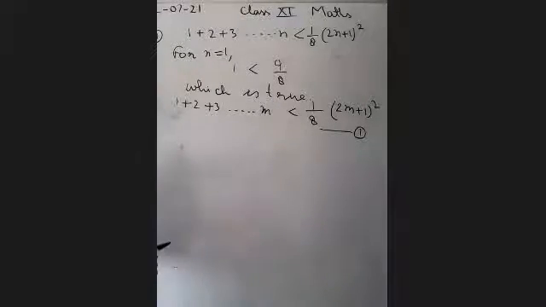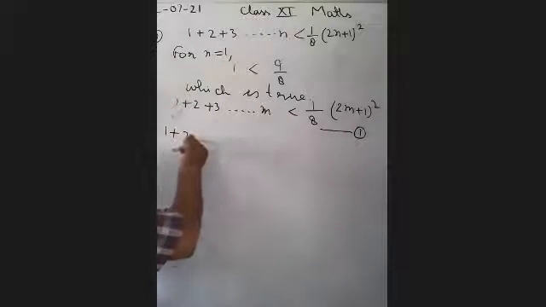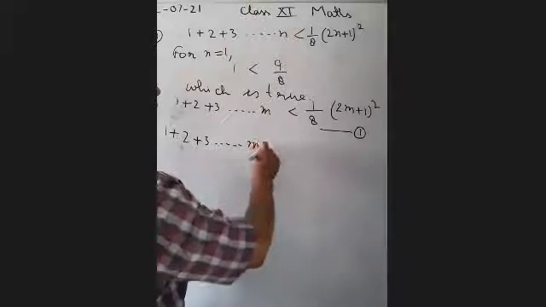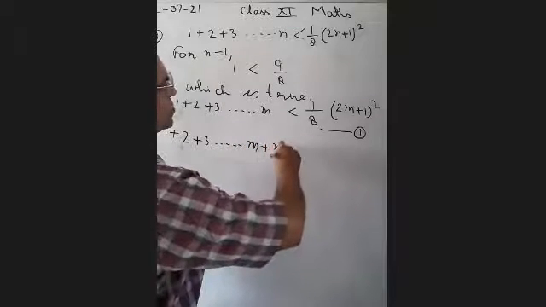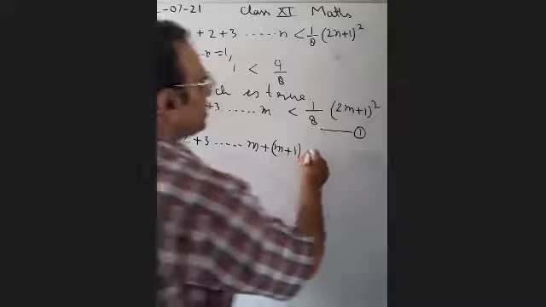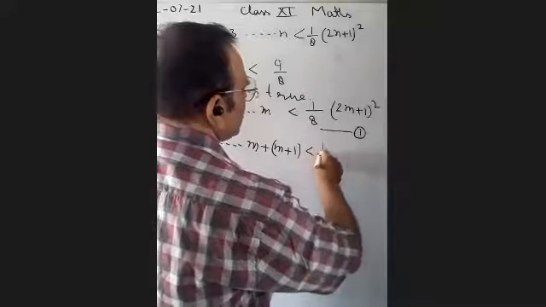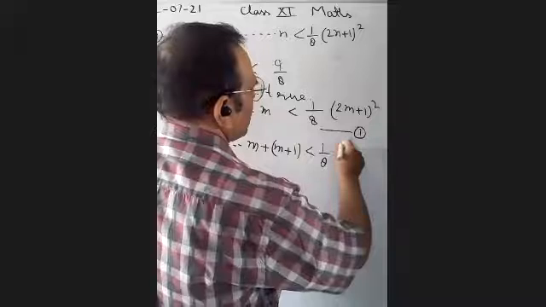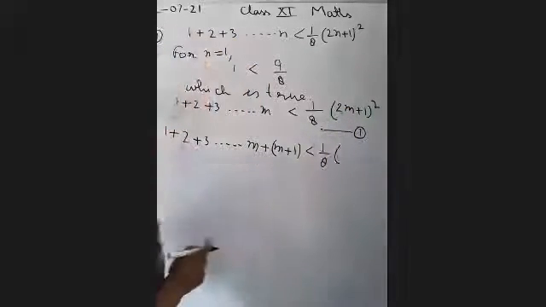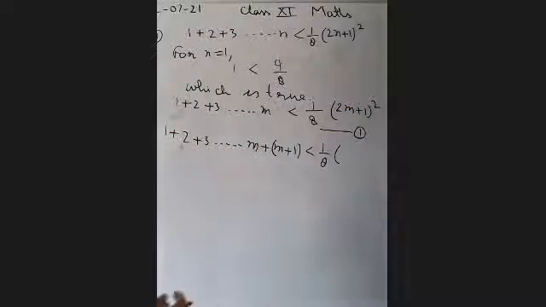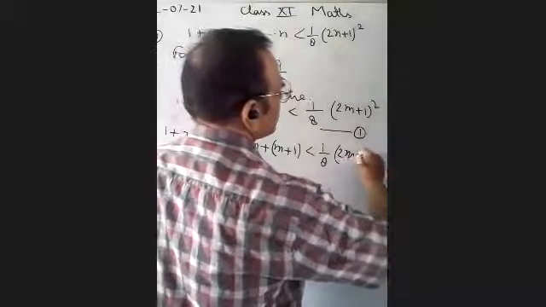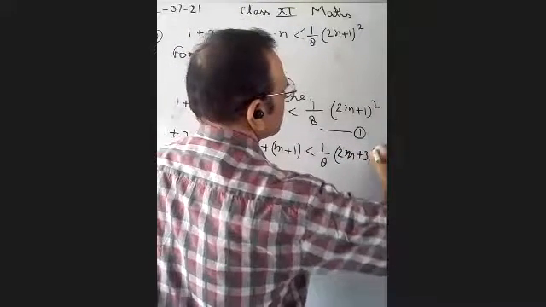So now we will prove for n equal to m plus 1. 1 plus 2 plus 3 up to m plus 1 is less than 1/8 into, ठीक है, if we write in place of m plus 1, so we will get 2m plus 2, यानी कि 2m plus 3 whole square.